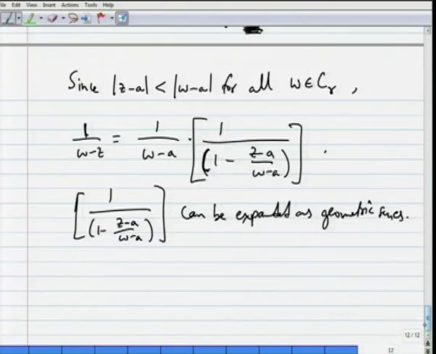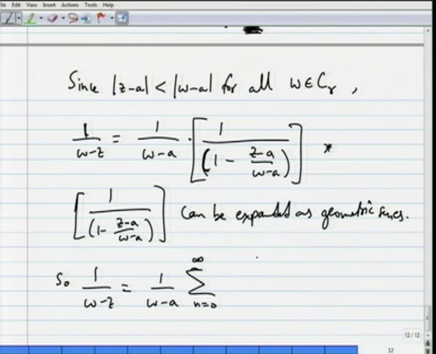Okay. So, 1 by w minus z, this expression here, is equal to 1 by w minus a times that geometric series, which is sigma n equals 0 through infinity of z minus a by w minus a whole raised to n, or z minus a power n divided by w minus a power n.